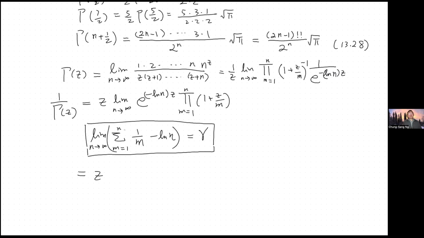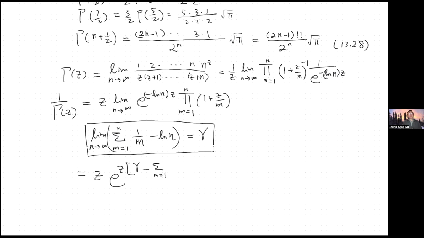Just move everything to the other side: there's a factor of c, and there's a minus log n. Write gamma minus the sum over m from 1 to n.